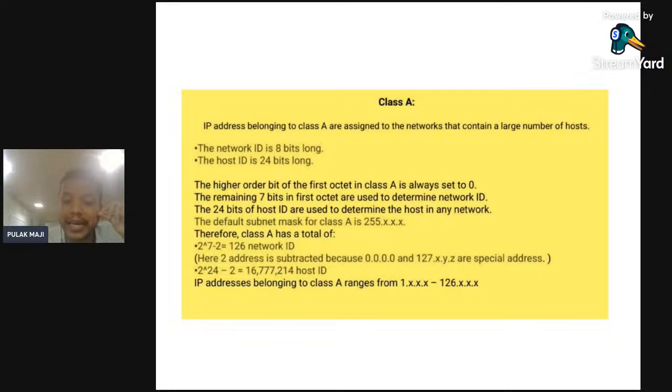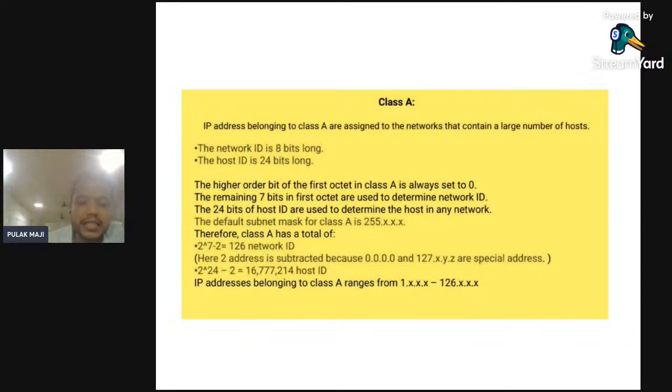How many network bits are there? That is represented by the slash n. So first of all, it represents how many bits are reserved for the network ID, or the network bits.